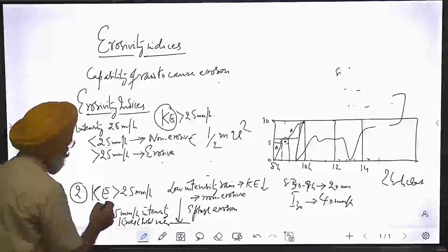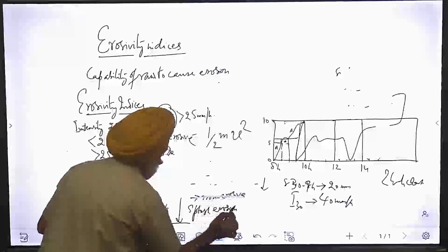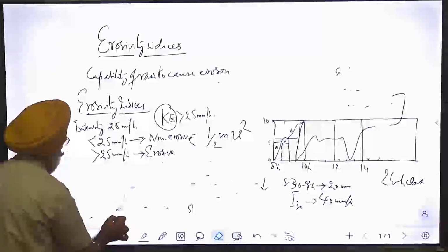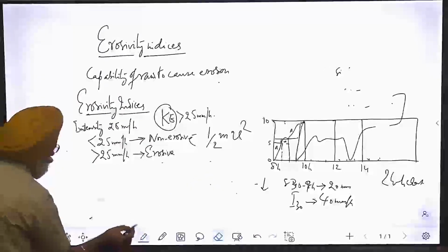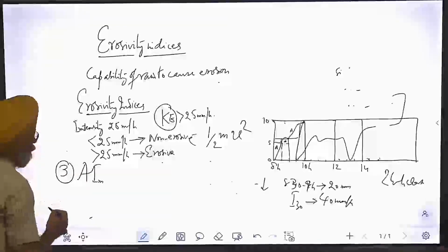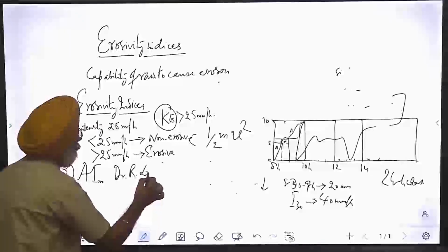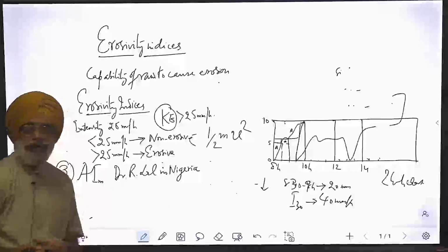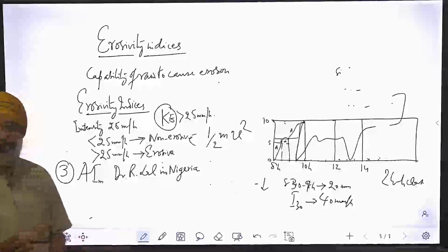Then the third index is AIM. Now, this particular index was given by Dr. Ratan Lal in Nigeria, because he was carrying out the experiments in Nigeria, and this index basically best correlated with soil erosion in that particular area, that is Nigeria.